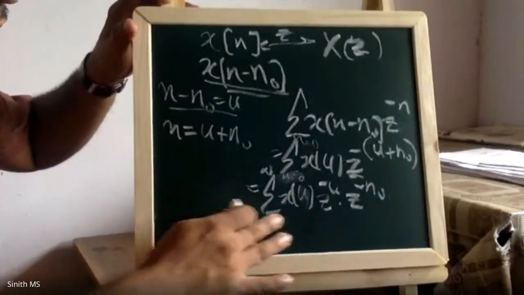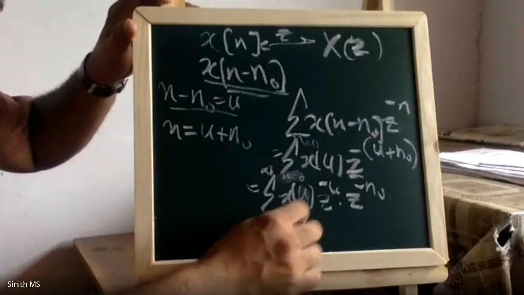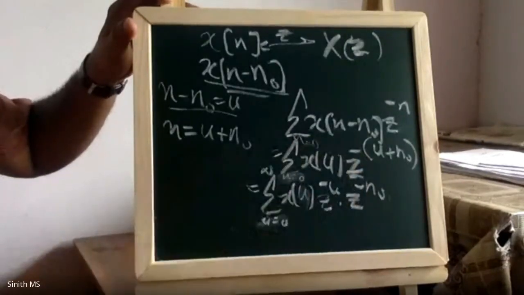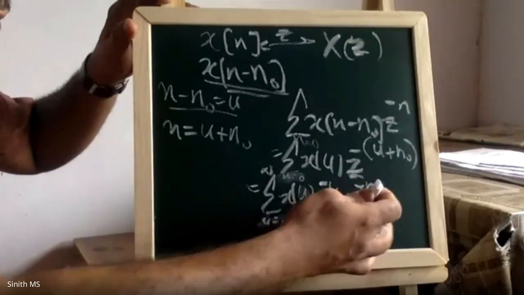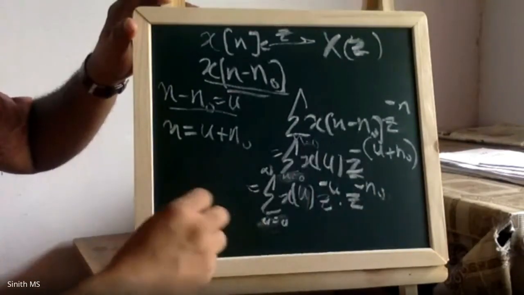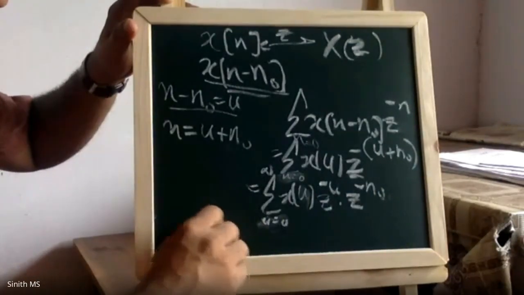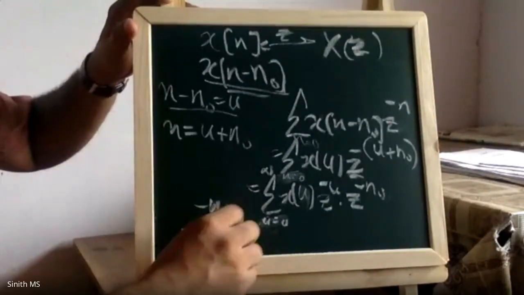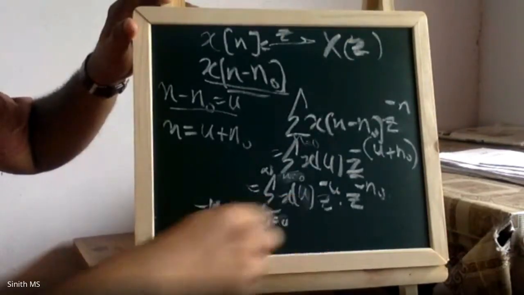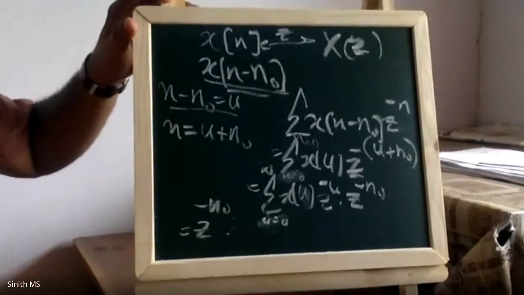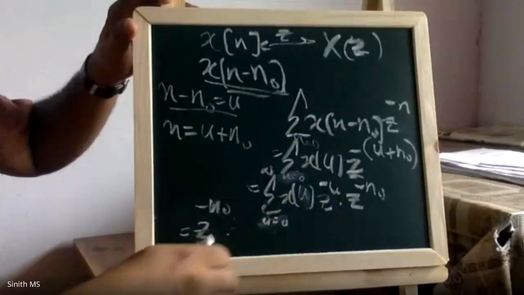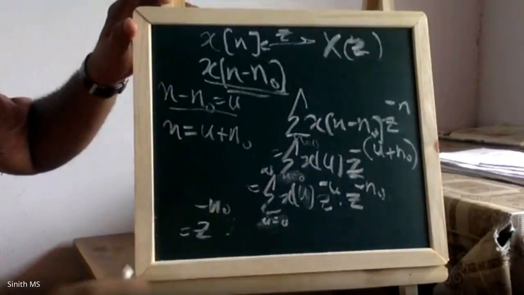So u varying from 0 to infinity. And z raised to minus n0 doesn't contain u, you can take it outside. So this becomes z raised to minus n0 into sigma x[u] z raised to minus u. Now what is sigma x[u] z raised to minus u? It is basically capital X(z).